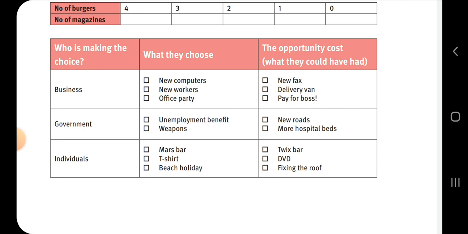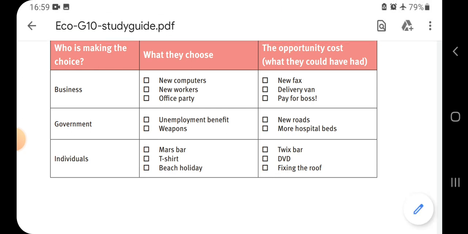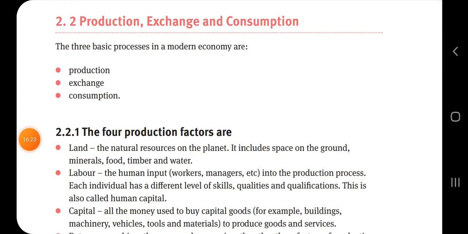And then the opportunity cost, what they could have had, was a new fax, a delivery van, or paying the boss. But they would rather choose these 3 things than what they could not have. So an opportunity cost is what you have missed: new roads, more hospitals. That is how we discuss that table.